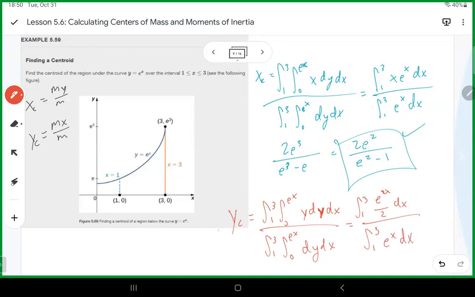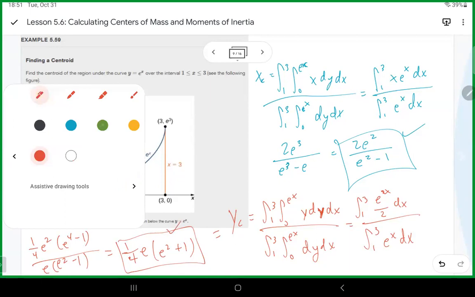So that's going to take us to 1/4 e squared (e to the 4th minus 1) over (e squared minus 1). It's going to bring us to 1/4 e squared plus 1. Okay, so that's the second part.